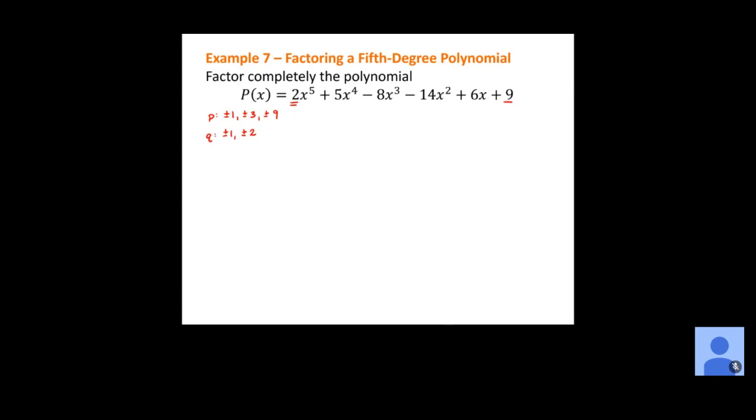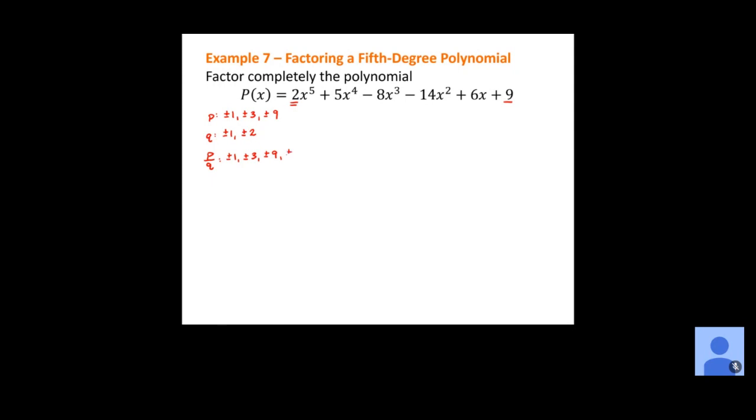Now we have to divide. So we do P over Q. Remember, that means I'm dividing every P value by every Q value. So I'm just going to start with all the P's and divide them by the 1. So that's going to give us plus or minus 1, plus or minus 3, plus or minus 9. Then we need to divide all of them by the 2.